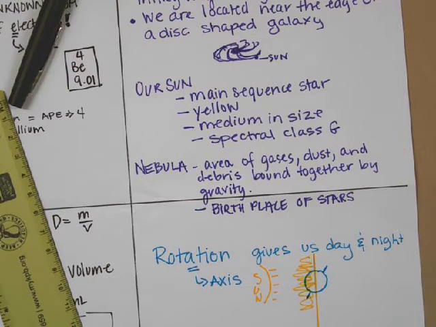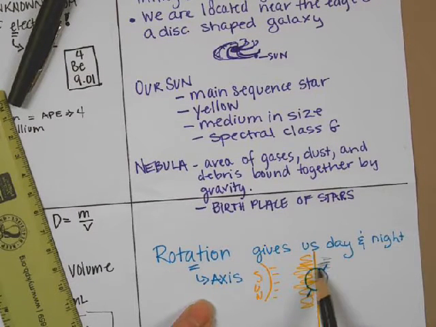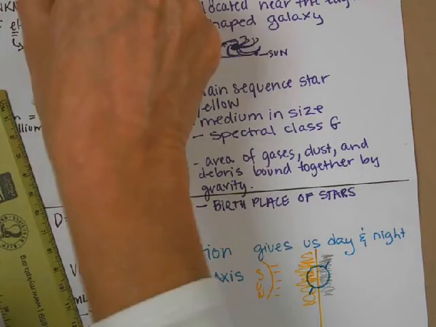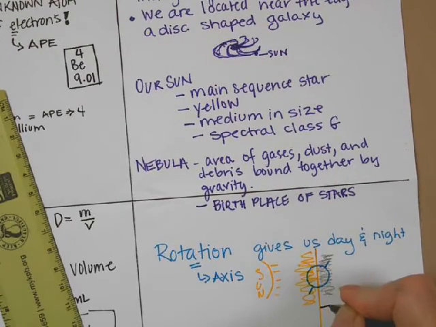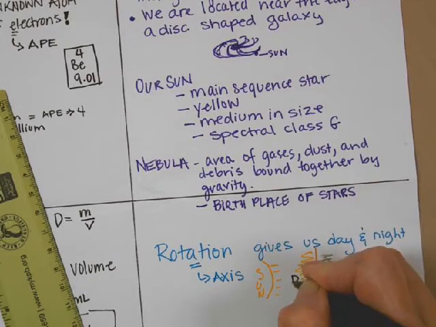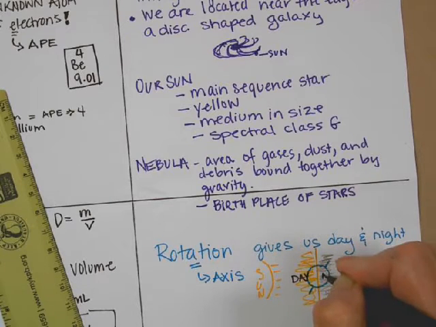So this line here is the day-night line. This side has day. This side, not facing the sun, has night.